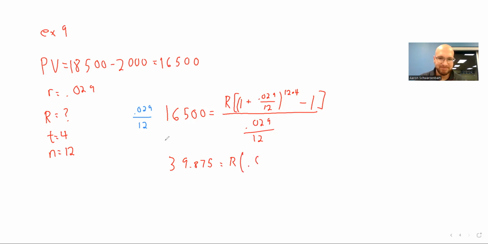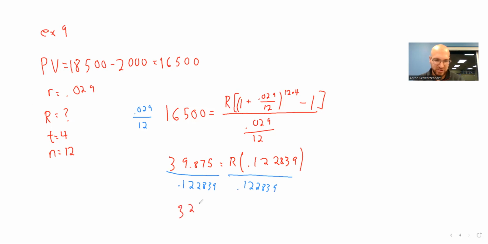Everything in brackets is numbers, so I'm just going to do that. Okay, I've kept a lot of decimals on purpose. Now all I have to do is divide by, and I enter my 39.875, dividing by my previous answer, which gives me a lot of decimal points. 324,61.612.